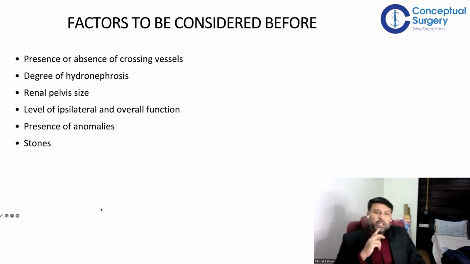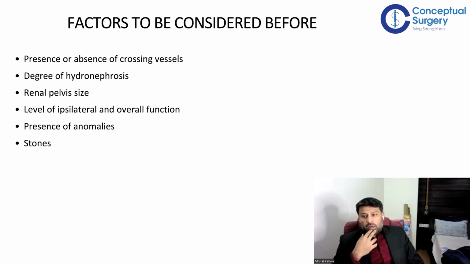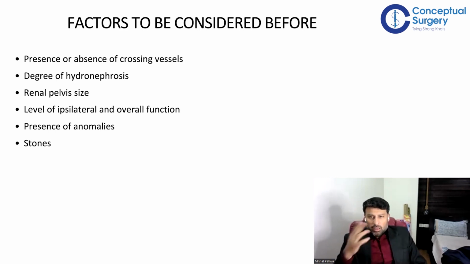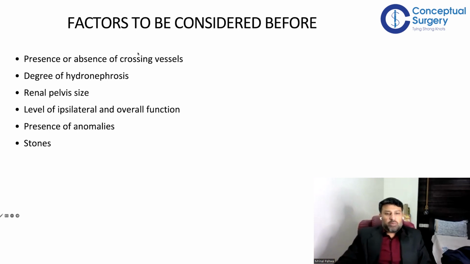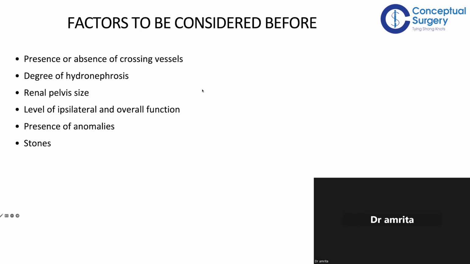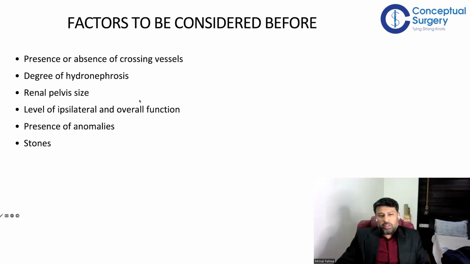The factors that need to be considered before planning a procedure, and before proceeding with any named surgery: we have to take into account, from the various imaging studies that we have, the presence or absence of any crossing vessels, especially aberrant vessels, and any degree of hydronephrosis.